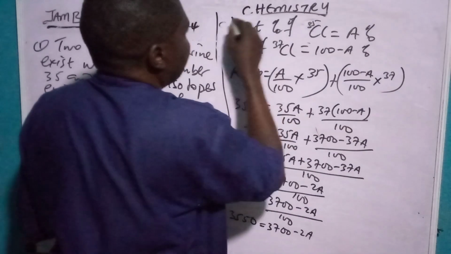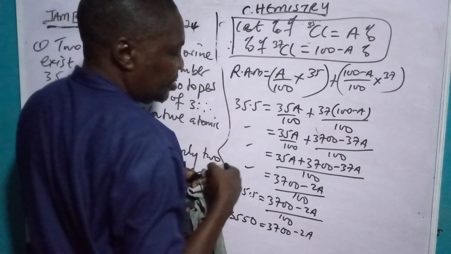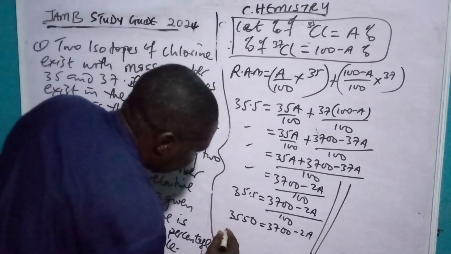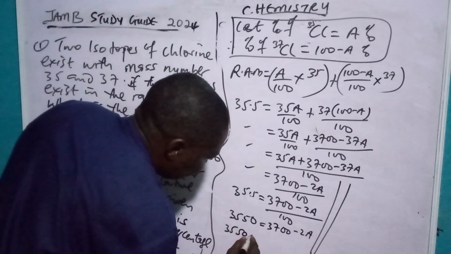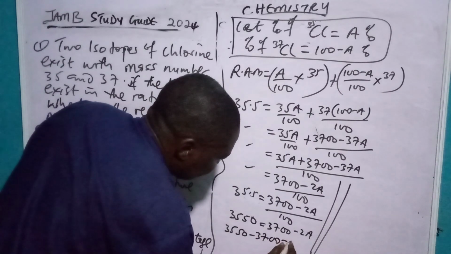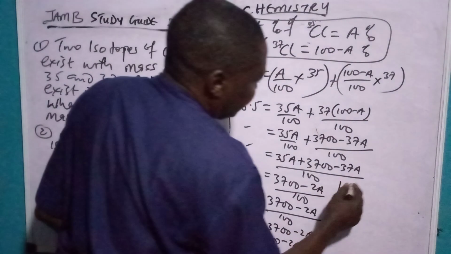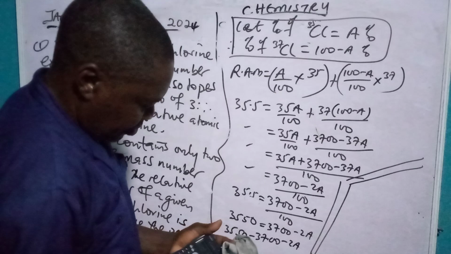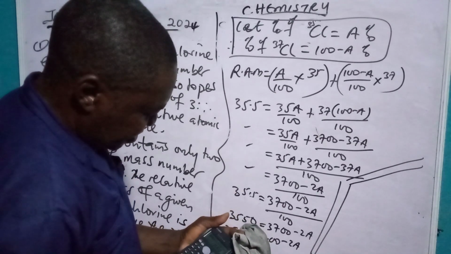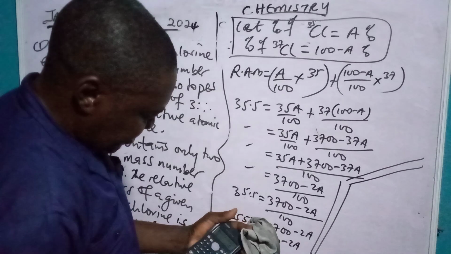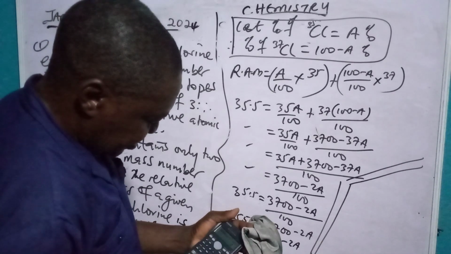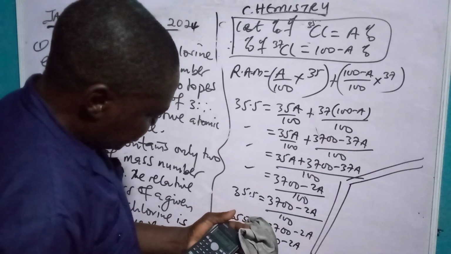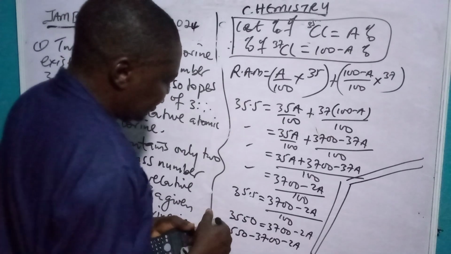So now subtract, carry it to this side: 3550 minus 3700 equals minus 2A. 3550 minus 3700 gives you minus 150.